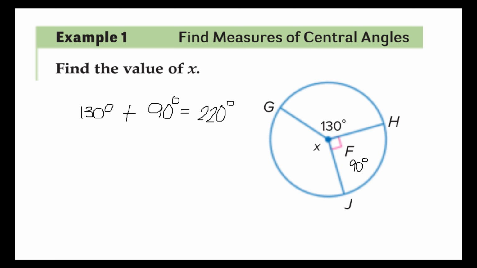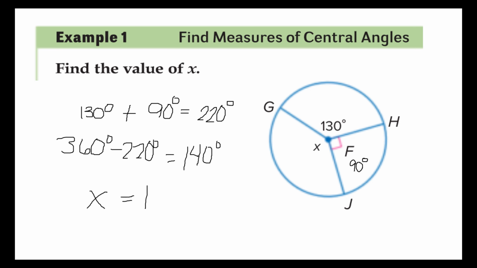Subtracting the sum from 360 degrees, that is equal to 140 degrees. So that means the value of x is equal to 140 degrees. The sum of the three angles should be 360 degrees.